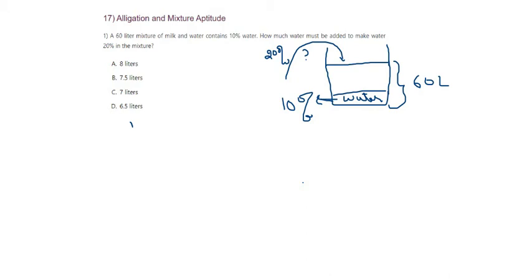So let's consider that the mixture has 10% water. The milk would be 90% of 60, so your milk would be 90 divided by 100 into 60 liters. So your milk would be 54 liters.